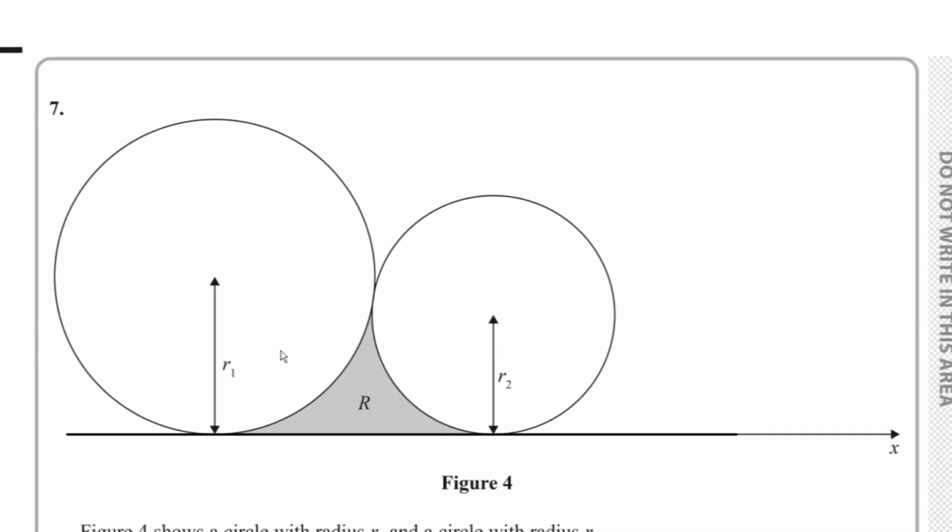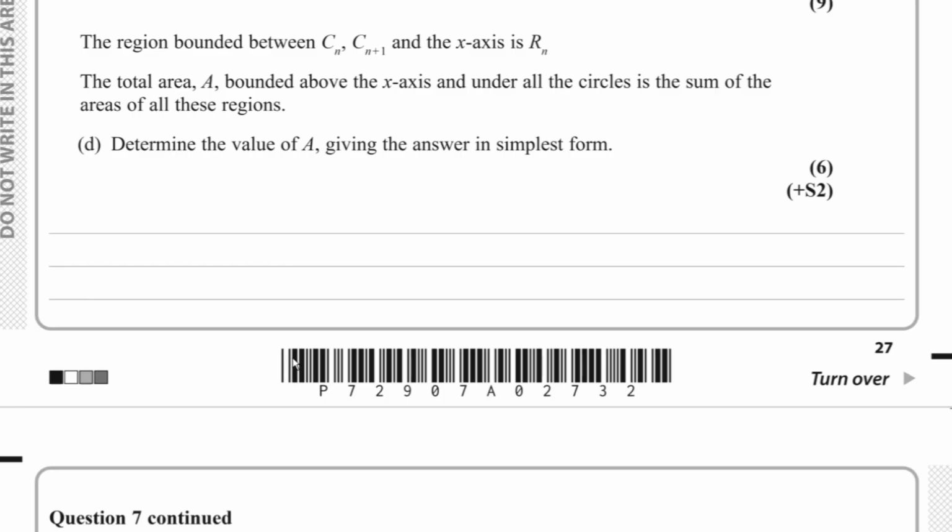Now, the distance between the centres is shown here. That's r1 plus r2. We've got a distance of r1 to here and a distance of r2 to here. We've got this horizontal line, and the distance here will be given by d, and the vertical distance, well, that will be the difference between r1 and r2, as shown here. So if we use Pythagoras, we've got r1 take away r2 squared plus d squared equals r1 plus r2 squared.